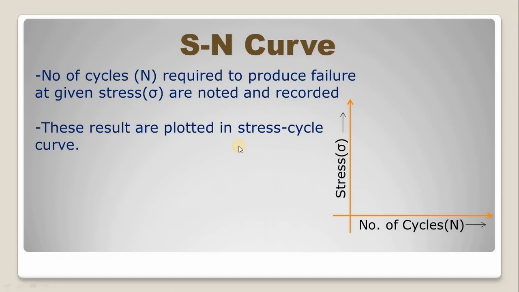Whenever the number of cycles increases, we can see the value of stress decreasing, and after some time, as the number of cycles increases, we observe one constant line of stress, a constant stress at a particular value, shown by a dotted line.